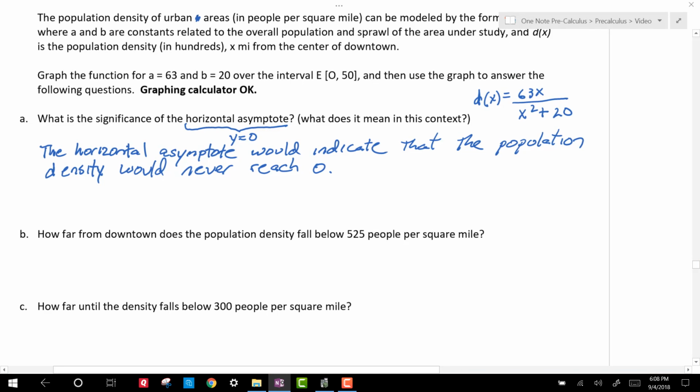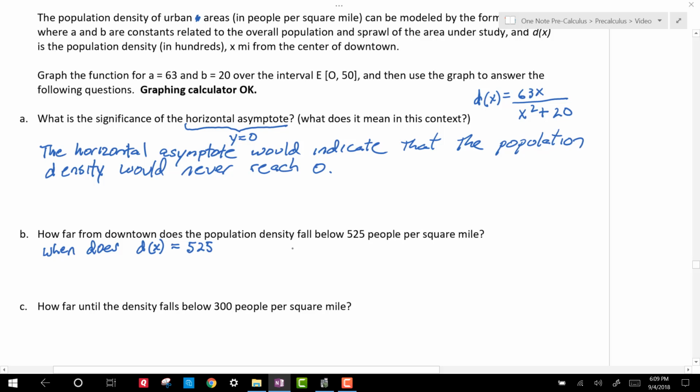So if we go back here, how far from downtown does the population density fall below 525 people per square mile? What we're asking here is basically, when is d of x equal to 525?